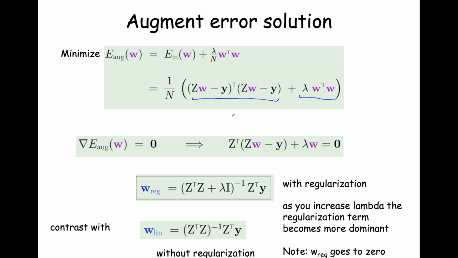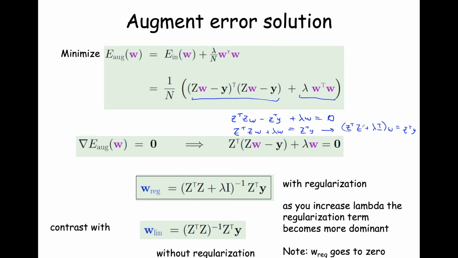And we do a little bit of algebra. We get Z transpose ZW minus Z transpose Y plus lambda W is equal to 0. So we add Z transpose Y to both sides of equality, and we get Z transpose ZW plus lambda W is equal to Z transpose Y. So now we factor out the common W, we get Z transpose Z plus lambda I times W is equal to Z transpose Y. So we compute the inverse and we multiply both sides of equality.